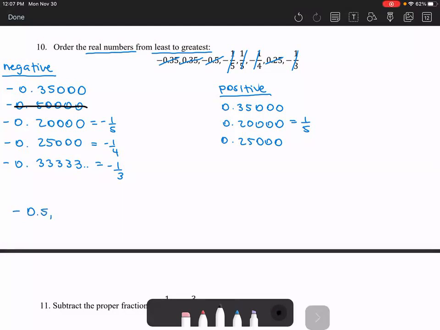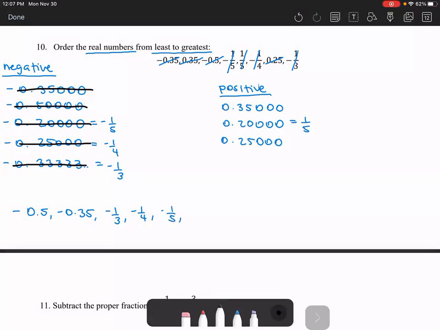The next biggest one is 0.35. The next biggest is the 3s repeating, which is negative 1/3. The next one is 0.25, which is negative 1/4. And then the last one is negative 1/5.